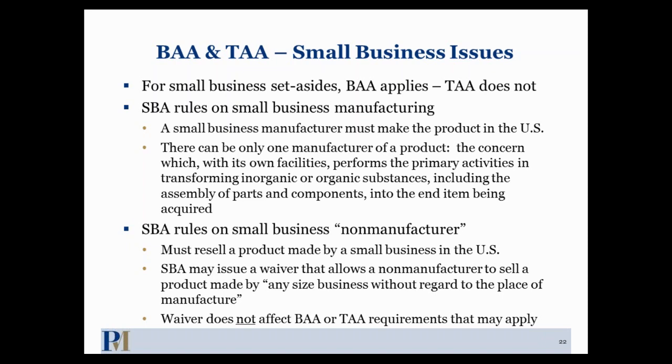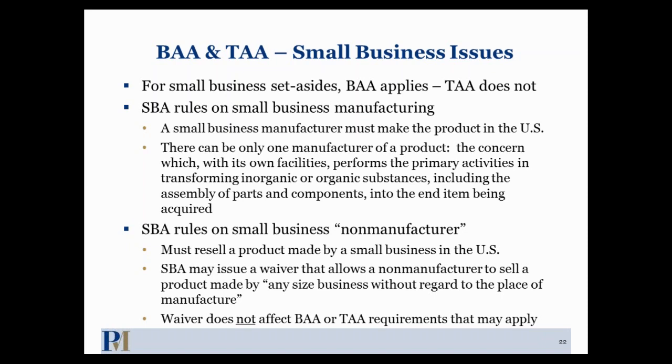However, the SBA can issue a waiver of the non-manufacturer rule. So, we were talking before about waivers of the Buy America Act, and for non-availability, there can be a class-wide determination of non-availability and an individual determination of non-availability. There's a similar approach for the non-manufacturer rule.